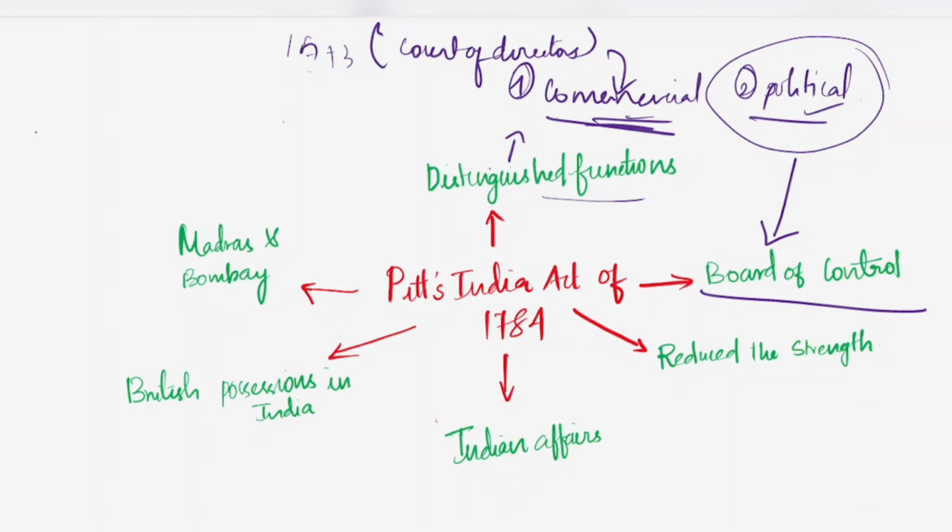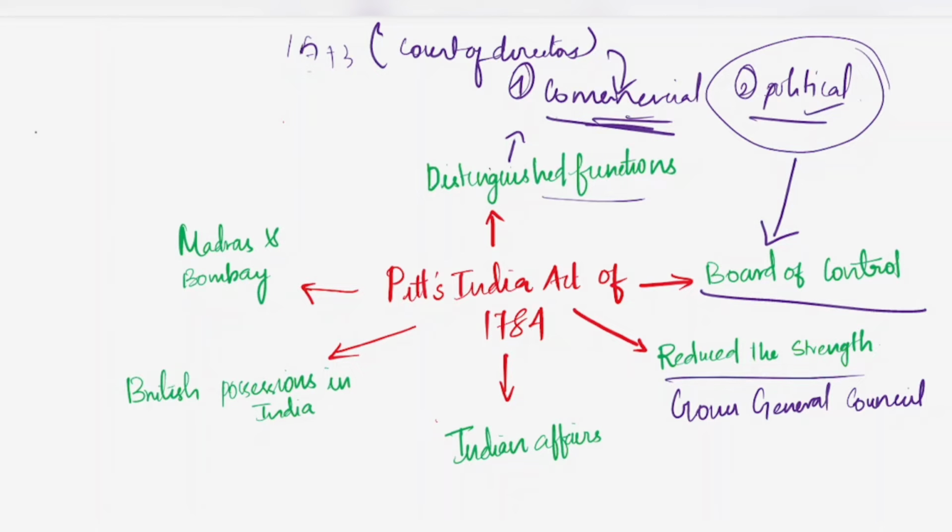The next important point of this act is that it reduced the strength. There was the Governor General's Council that was created as part of the 1773 Regulating Act. If you are watching this for the first time, I am giving the link of the Regulating Act video. Go through that act, then come to this act.